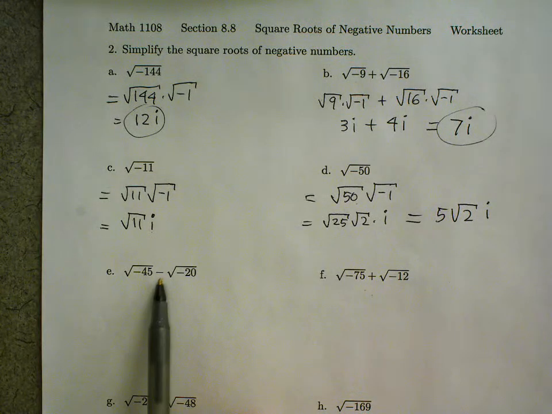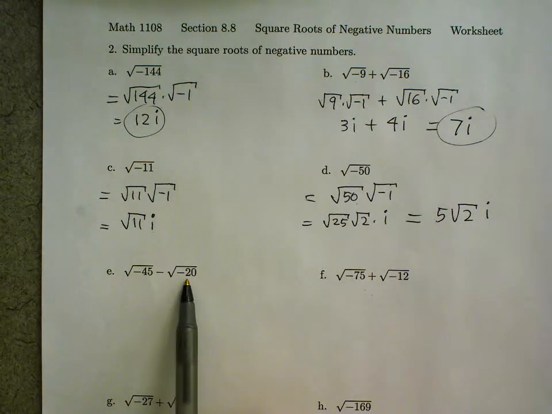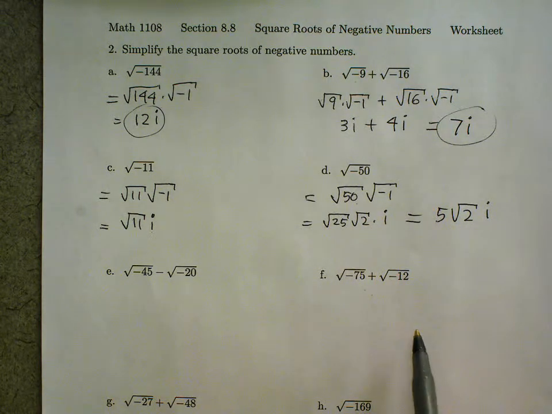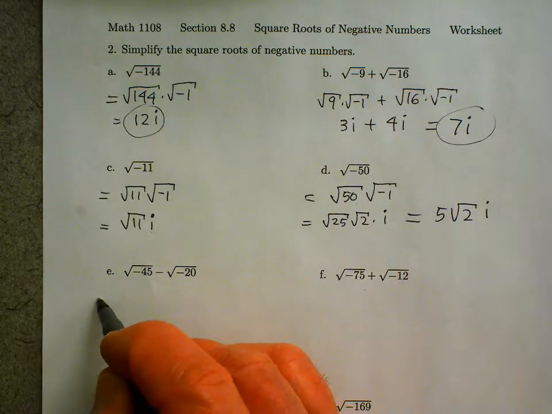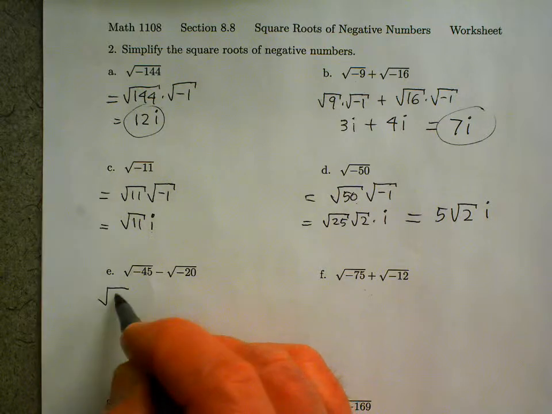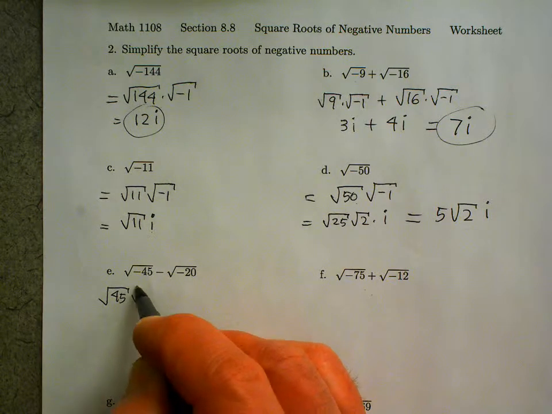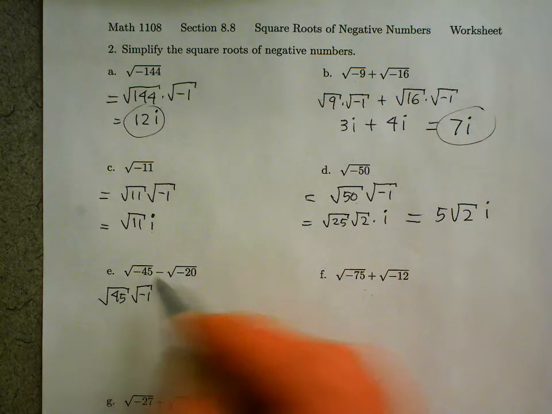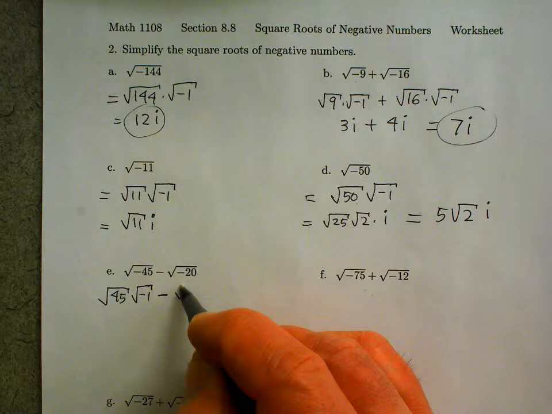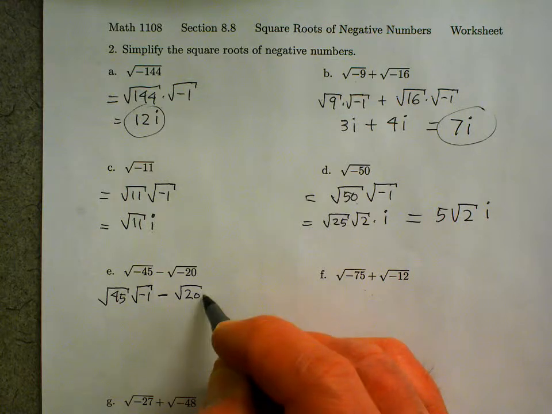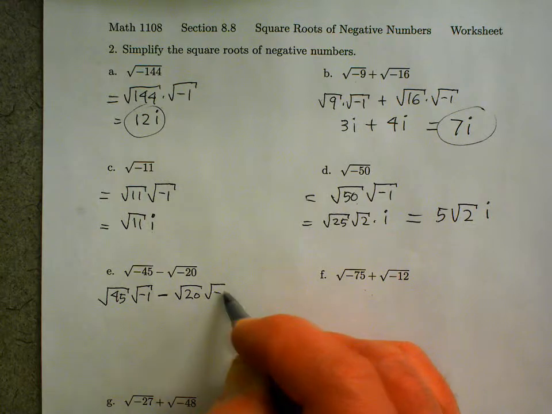All right, the next one, the square root of negative 45 minus the square root of negative 20. Okay, so the square root of negative 45, we'll rewrite that as the square root of 45 times the square root of negative 1, and then minus the square root of 20 times the square root of negative 1.